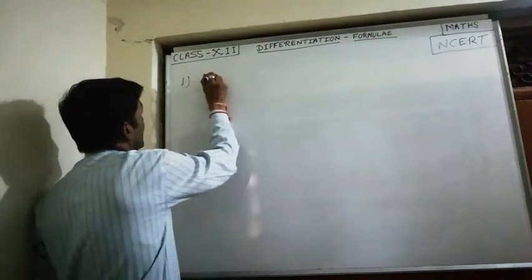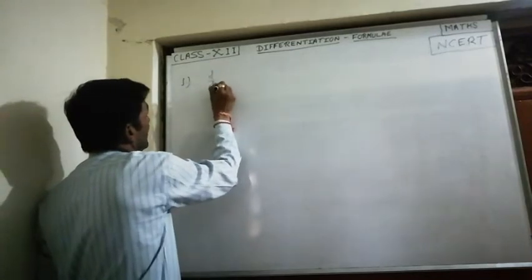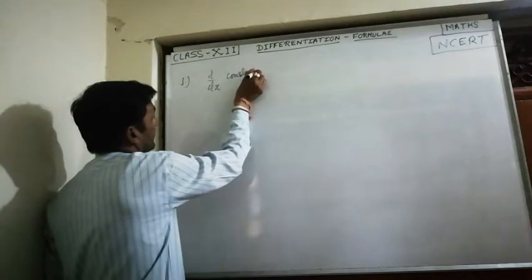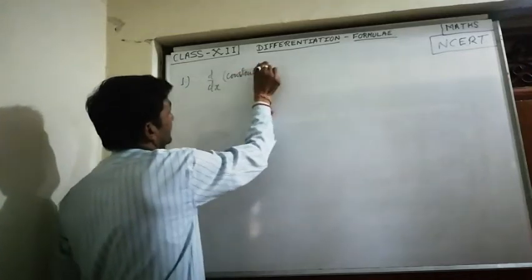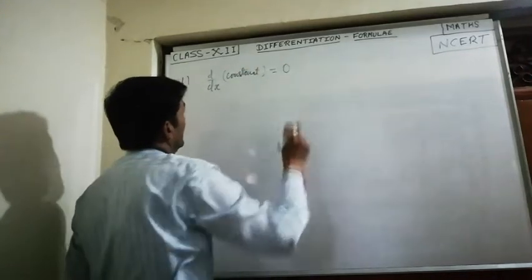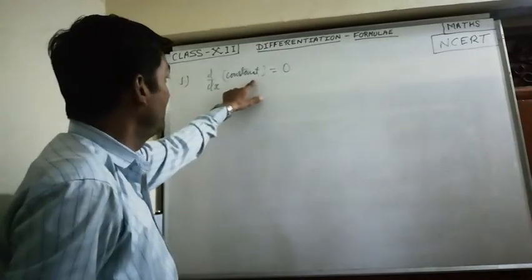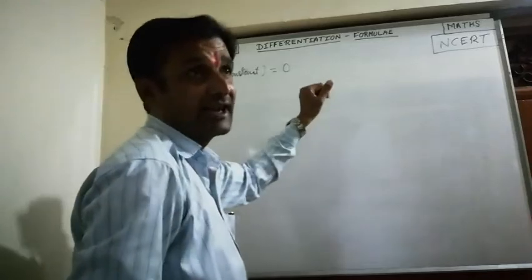So first, differentiation of any constant is equal to 0. Any constant value, means it is not in the form of variable, then it will be known as constant in that case.